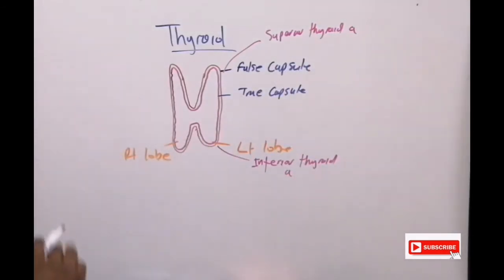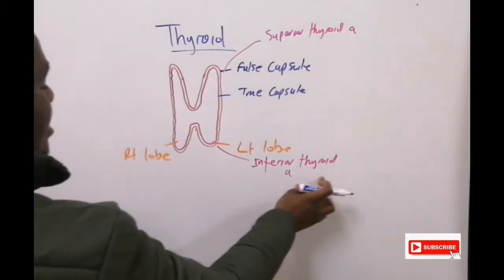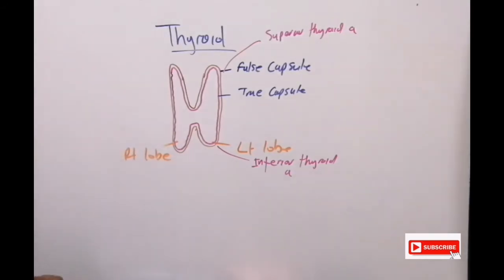The superior thyroid artery is a branch of the external carotid artery, while the inferior thyroid artery is a branch of the thyrocervical artery.